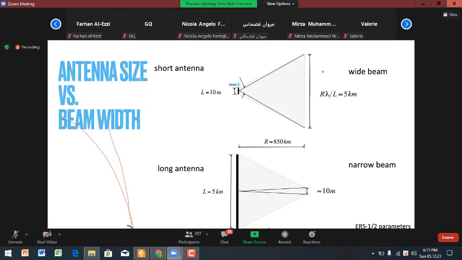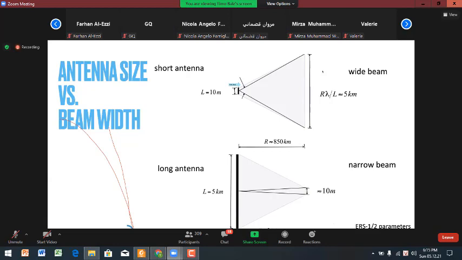If we think about the ERS system, it has a footprint on the ground of about 70 square kilometers, so the signal is covering 70 square kilometers. So you have a very wide beam coming out of your antenna.